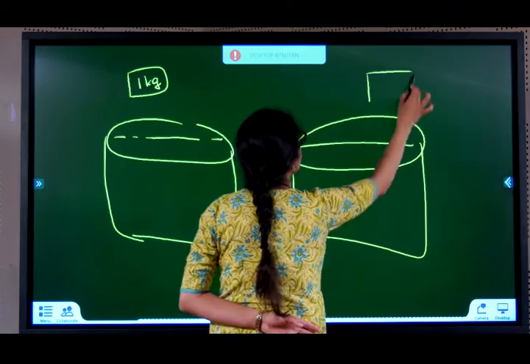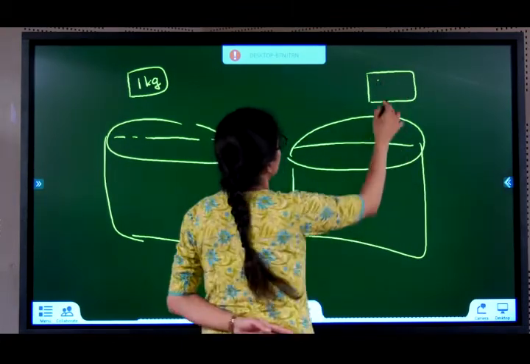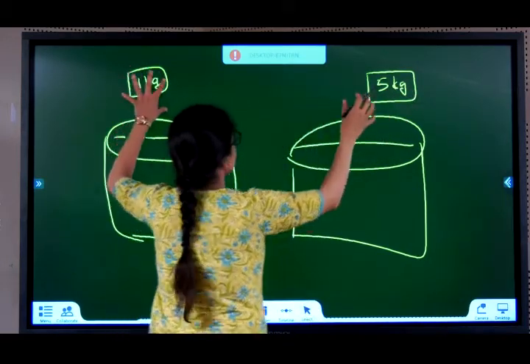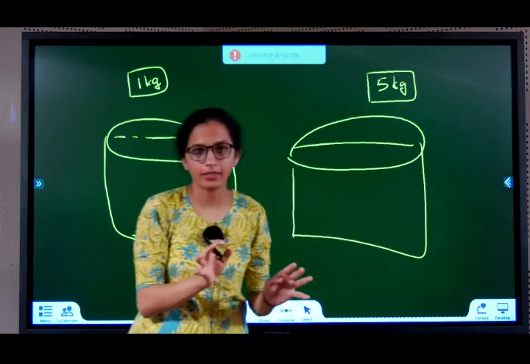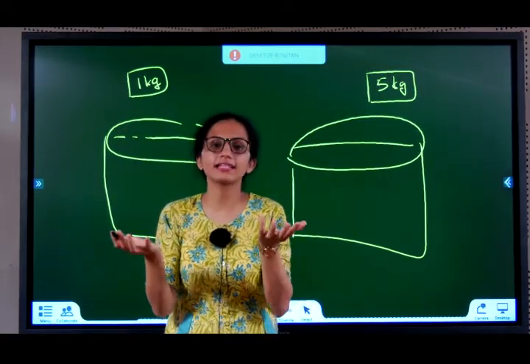I have one more bucket of water and I have a substance made of iron. Iron is heavier than wood, so this is approximately 5 kgs. But the size of this and the size of this is same. Wood is lighter, iron is heavier. Both their sizes are same.